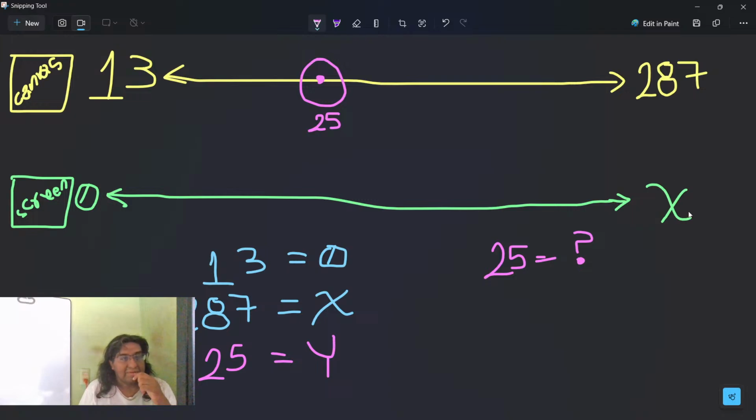Let's put some number over here. Yeah, let's use 1,000.